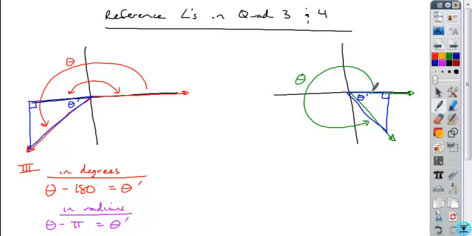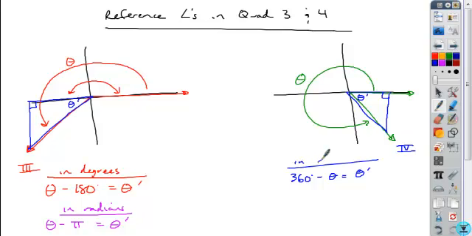What would you be finding here in quadrant 4? How would you calculate this reference angle? If you take this full rotation all the way to 360 degrees and you subtract the given angle, you'll be left with your reference angle.